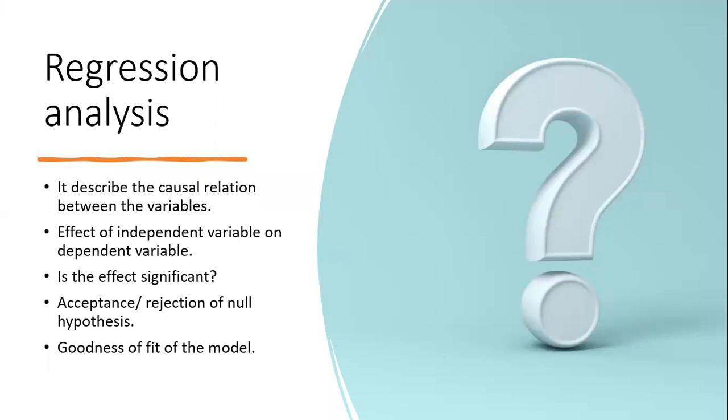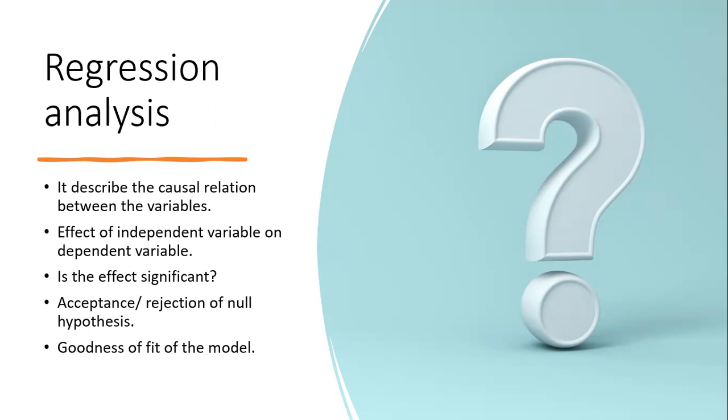And when you come to know the effect of the independent variable on the dependent variable, you also need to check whether that impact or effect is statistically significant or not. So you also need to determine the statistical significance of that effect.